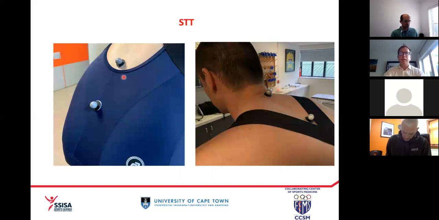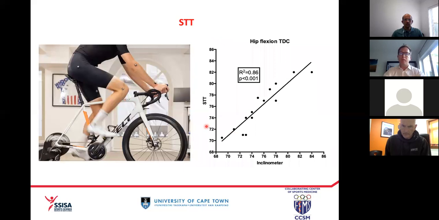And what we've done is we've placed the marker on L2 and then the center of the sacral promontory, and then on the upper spine on C7 and T7. And that allows us to get a much more accurate representation of the hip flexion angle, and hopefully in time the shoulder movements, once we can understand them much better.